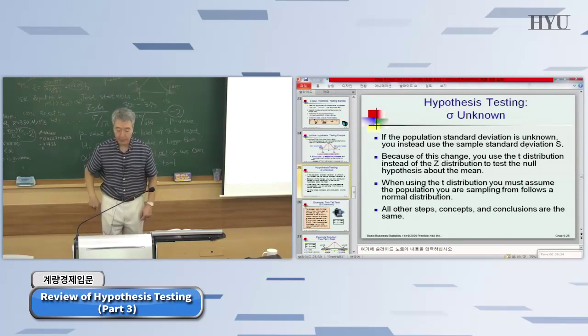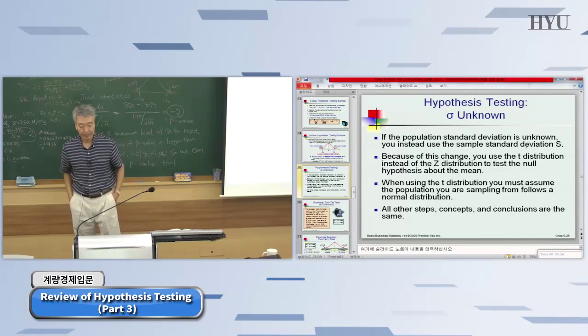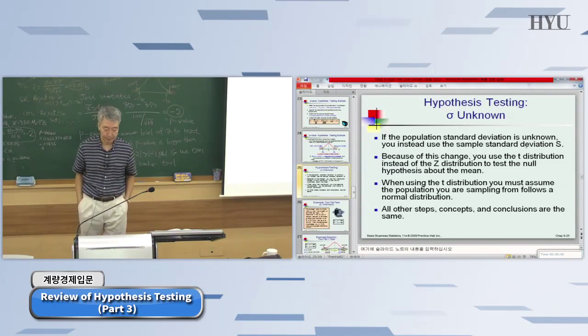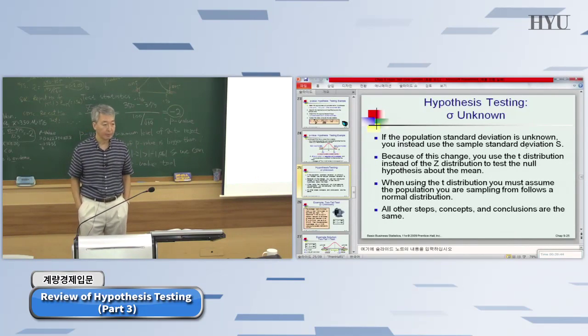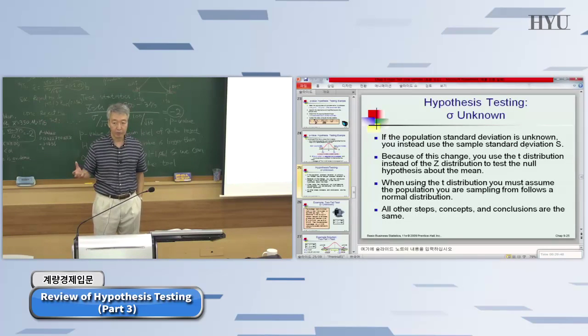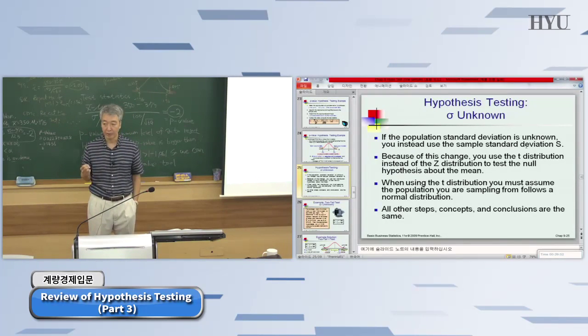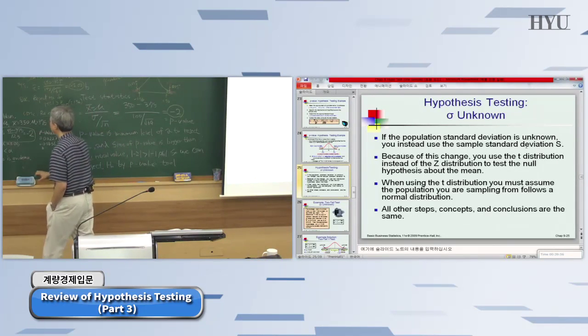All right, here's the next topic for today. So what if sigma is unknown? If sigma is unknown, in other words, if the population standard deviation is unknown, then what do you have to do? Well, you have to take a sample and calculate the sample standard deviation. We use S for that.